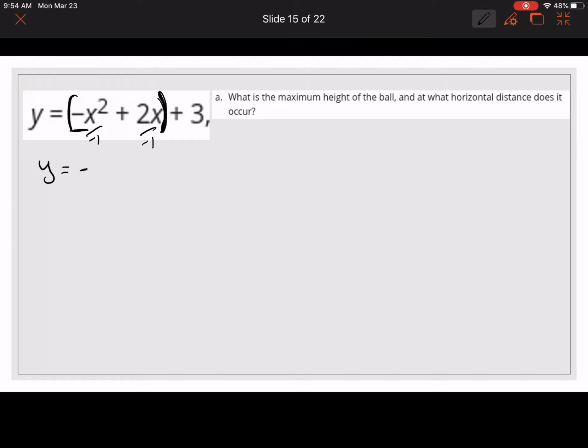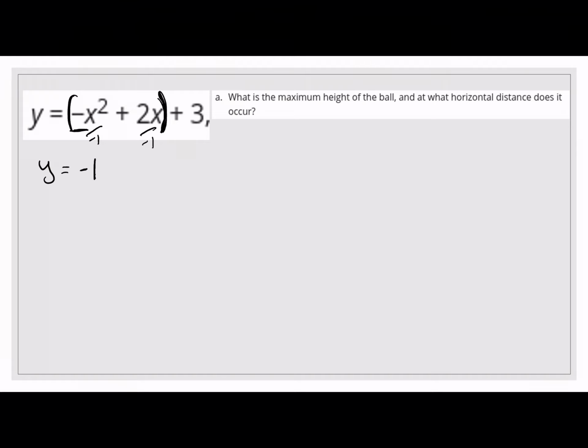So we end up with negative 1 outside the bracket. We end up with x squared minus 2x inside the bracket, and a plus 3 outside the bracket. Then we need to complete our square.